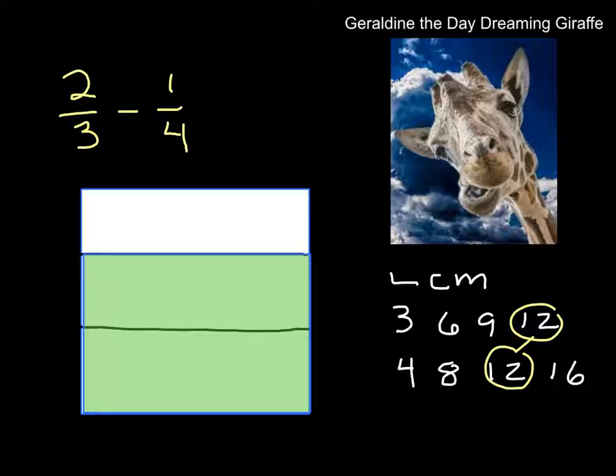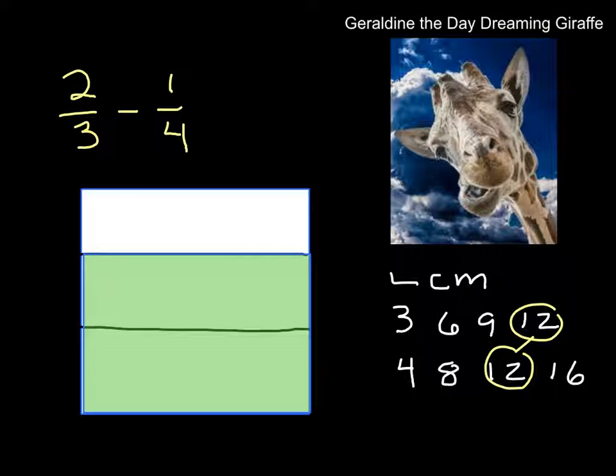Now that means that if I want to change these 2/3 into 12ths, I've got to cut this box here into 1, 2, 3, 4 parts, and then I'll turn it into 12ths. I'll have 12 boxes instead. So watch how I do that. If there's 4 parts here, I'm going to draw 3 lines coming down this way.